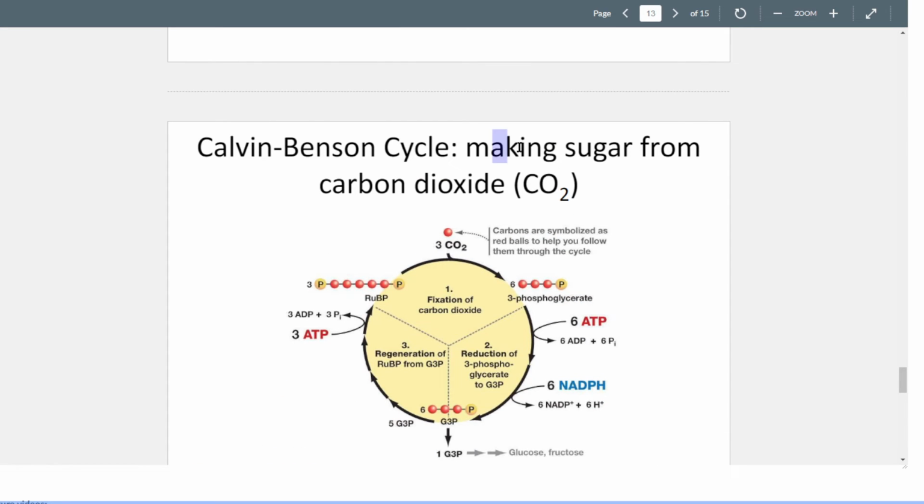Okay, so we're going to make sugar from CO2. We need CO2 from the environment, because we have RuBP. This is what we start off with. RuBP is 5 carbon, 2 phosphorus. We have 3 RuBPs, so what we want is 6 phosphoglycerate, which is 3 carbon and 1 phosphorus.